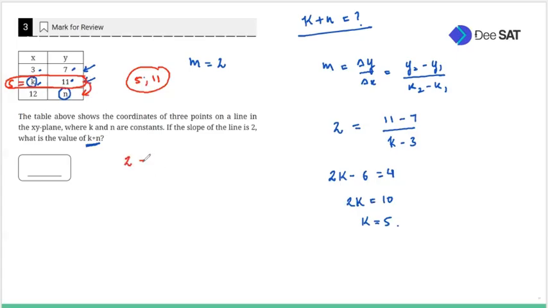Again, I can say that 2 is equivalent to n minus 11, y2 minus y1, upon 12 minus k. And then I can just solve it. Once I solve it, the value of n in this particular situation turns out to be 25. Finally, they are asking for the value of k plus n, which is nothing but 5 plus 25, which is equivalent to 30. So the thing that I need to put in this SPR is 30, which will be my correct answer.